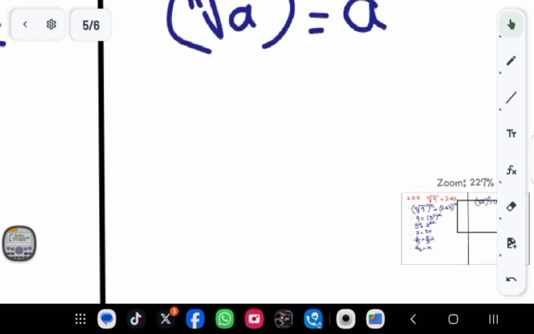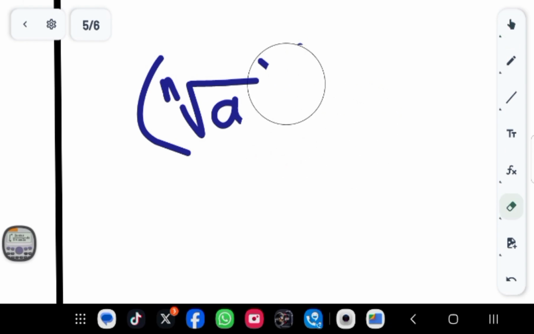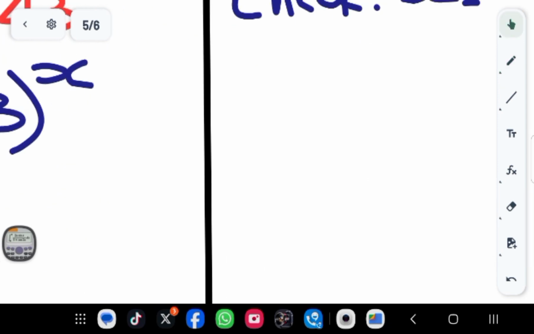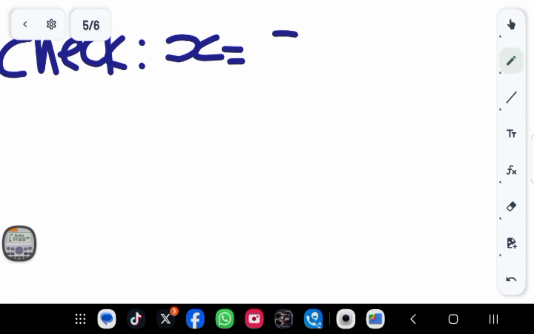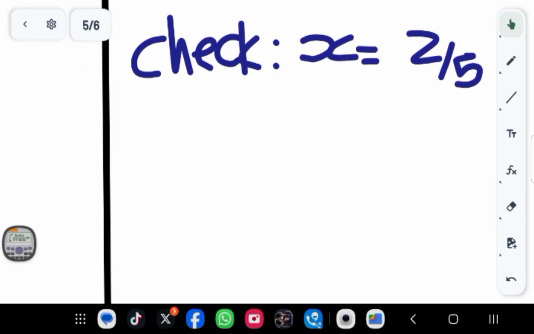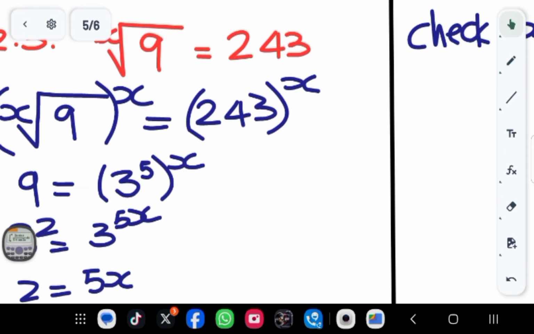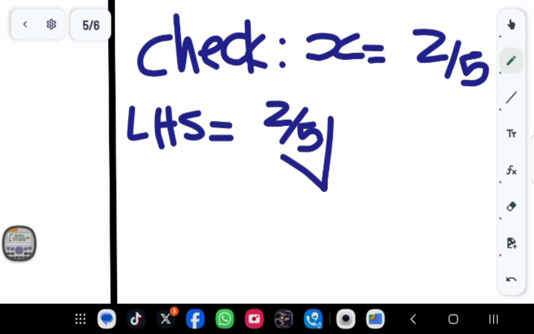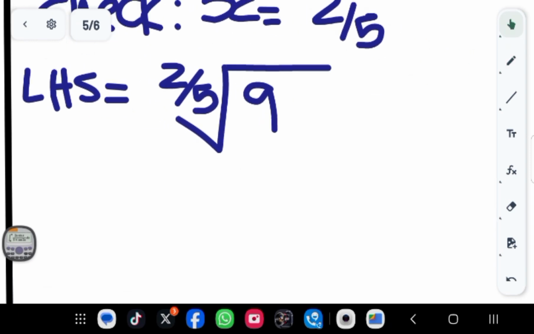Always check. Let's check this. We're checking x equals 2 over 5. On the left hand side, we have the 2 over 5th root of 9.